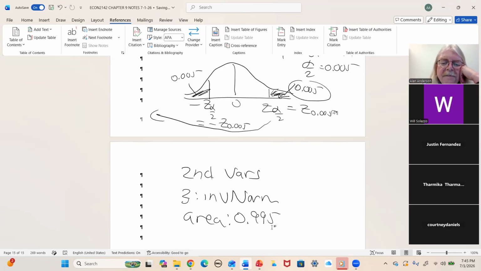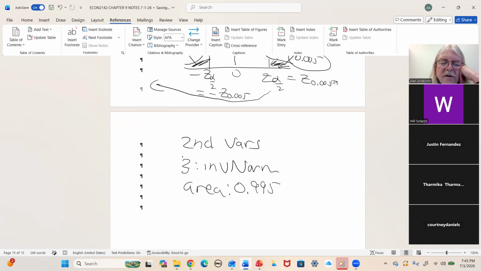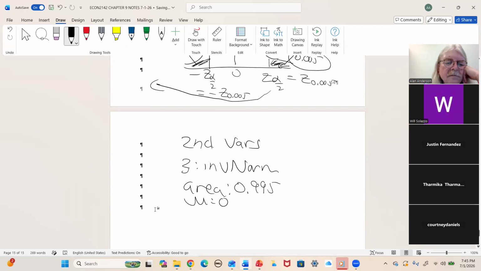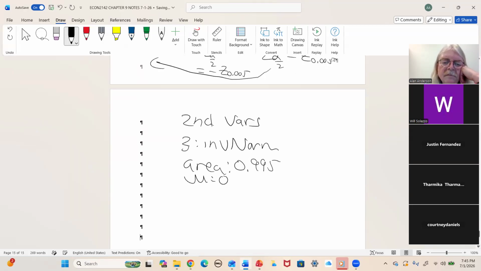Okay. And of course, the mean and standard deviation are still 0 and 1. So if you went into your calculator, you'd see that this is approximately 2.576.